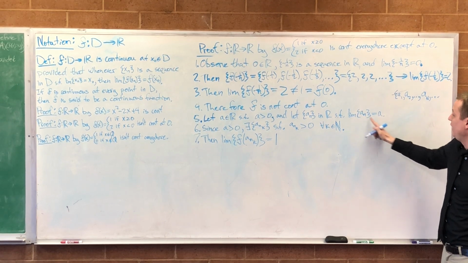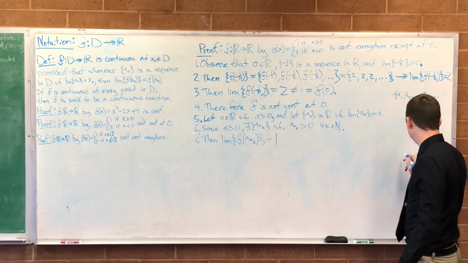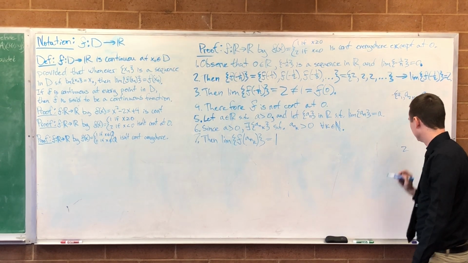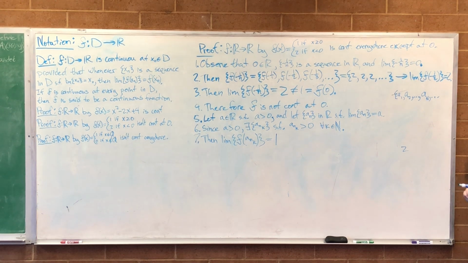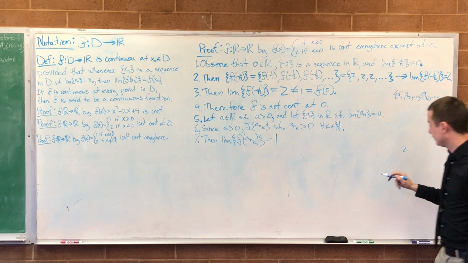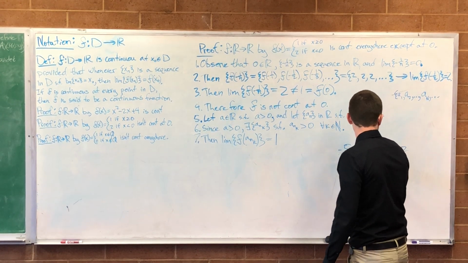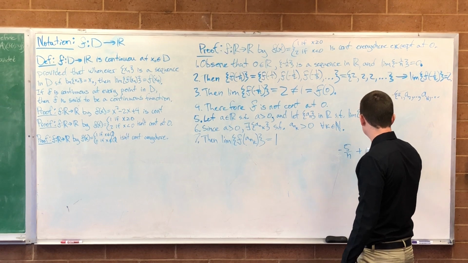So all we know is that a_n converges to a, and a is a positive number. So let's say that a is the number 2. 2 is a positive number. a_n is just a sequence that converges to a. So it could be something like negative 5 over n plus 2.